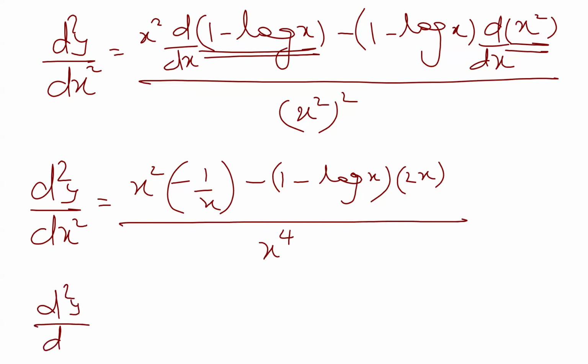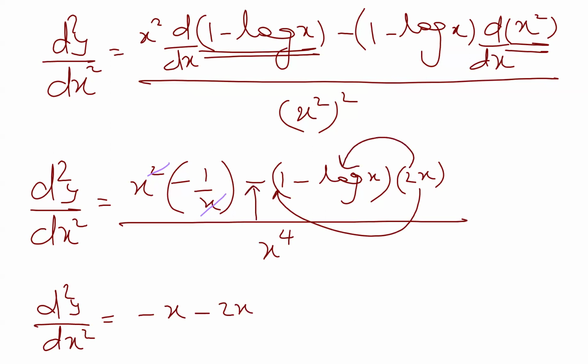So d square y by dx square is equal to, now this square and this x will get cancelled and we will be left with minus x. Okay, 2x into 1, that is minus 2x. Outside there is a minus sign, and 2x into log x is plus 2x log x.